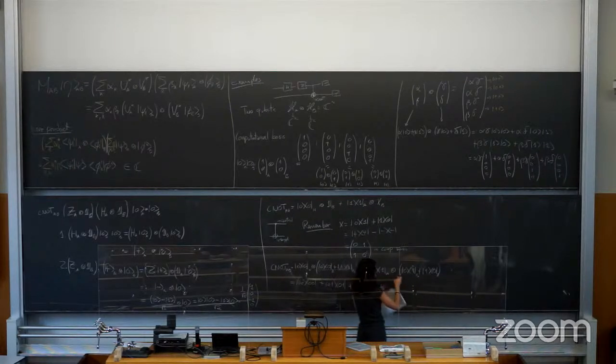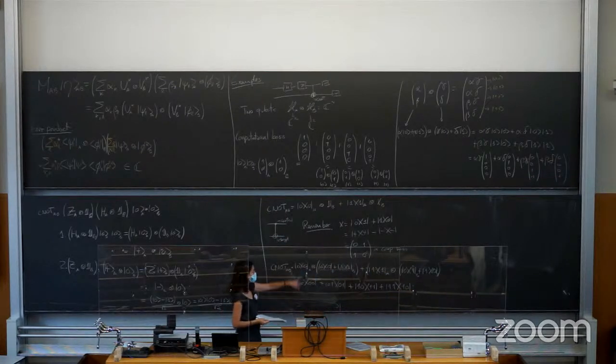Plus 1, 1, 1, 0. We could have gone through all the steps, like 0, 0, 0, 0, and then I just abbreviated it to this. That's what happened.